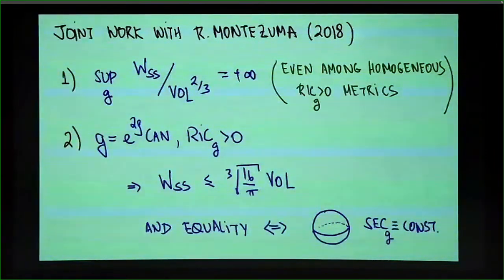We found sequences of Riemannian metrics on S3, all with the same volume, but such that this spherical diastole is arbitrarily large. The examples that we were able to compute were actually homogeneous metrics with positive Ricci curvature. Maybe some of you may know the Berger spheres, and this is the family that we analyzed.